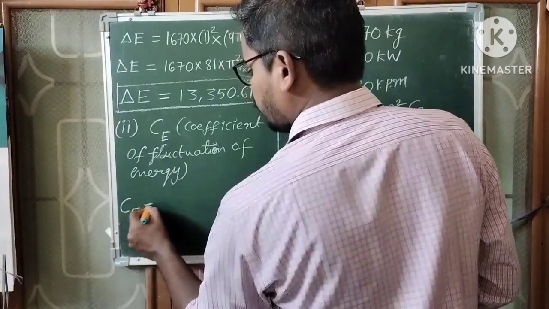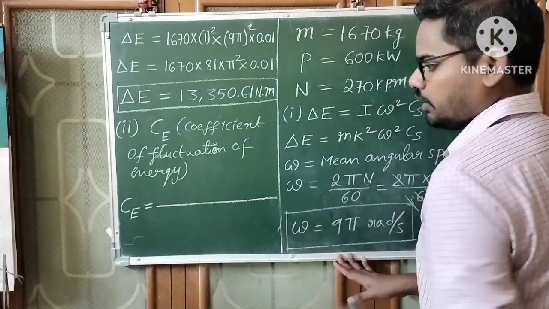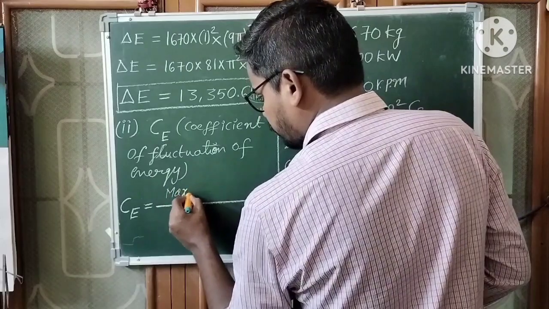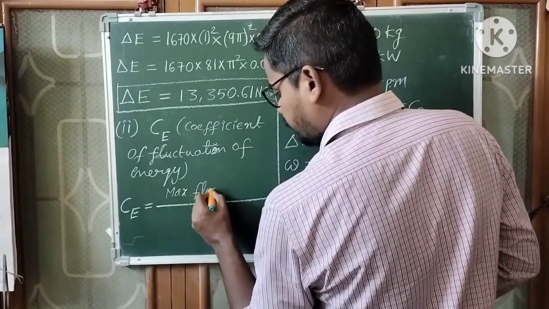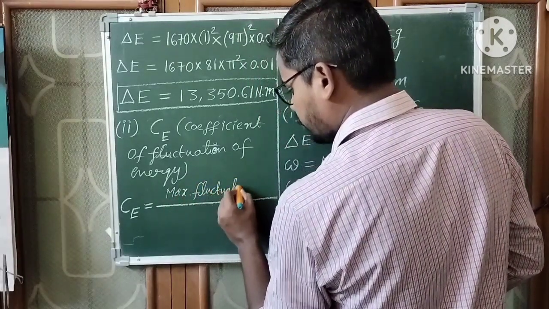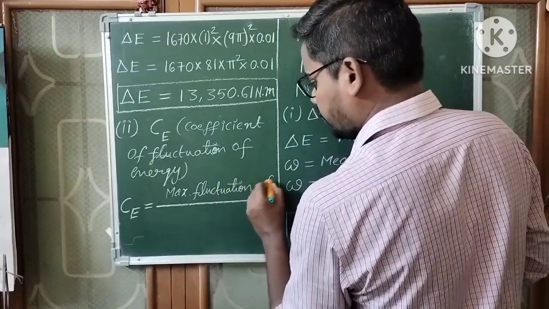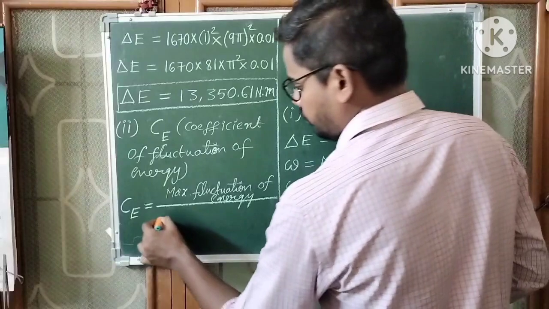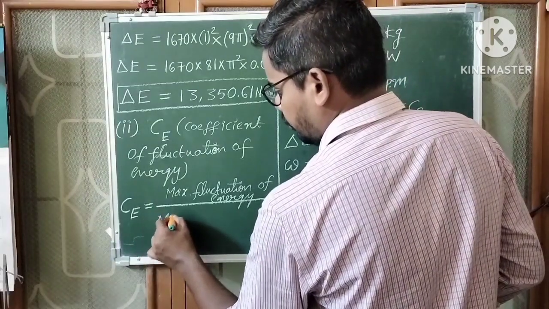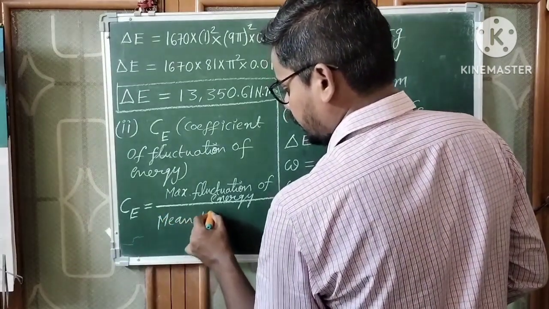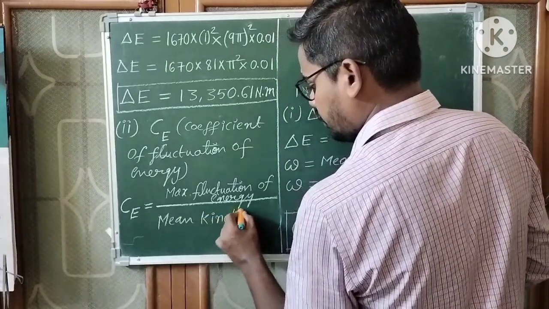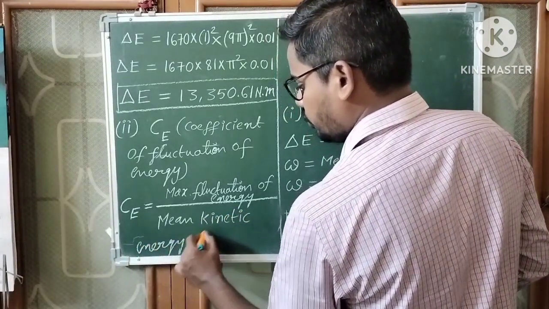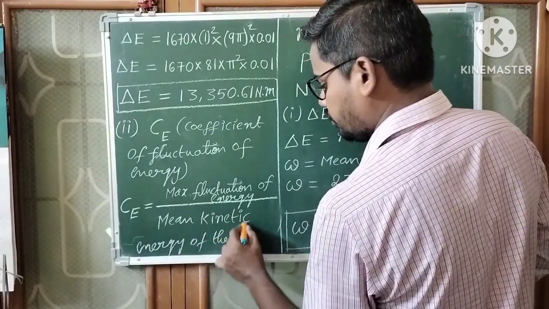CE, the coefficient of fluctuation of energy, is equal to the maximum fluctuation of energy by the mean kinetic energy of the flywheel.